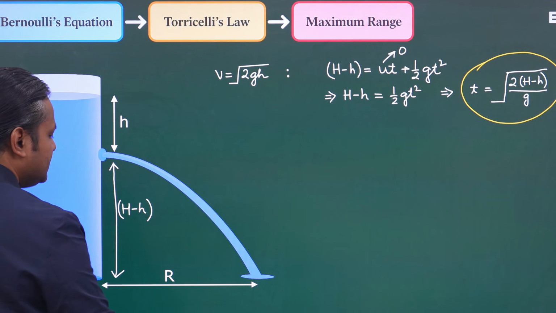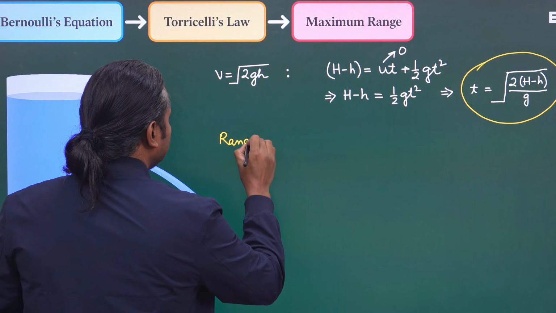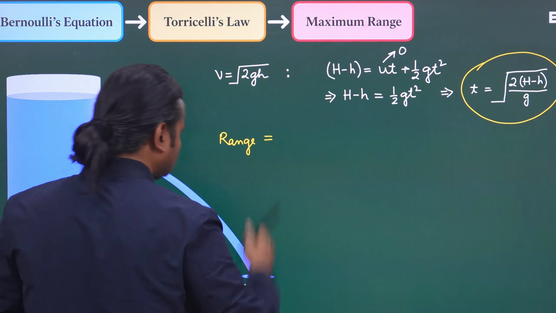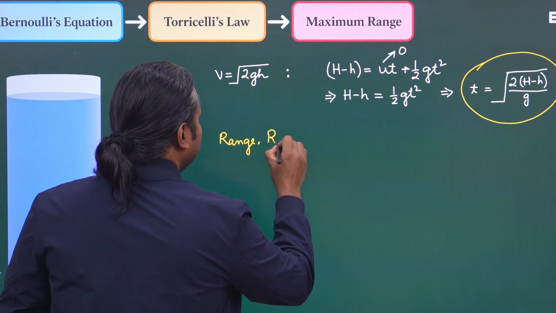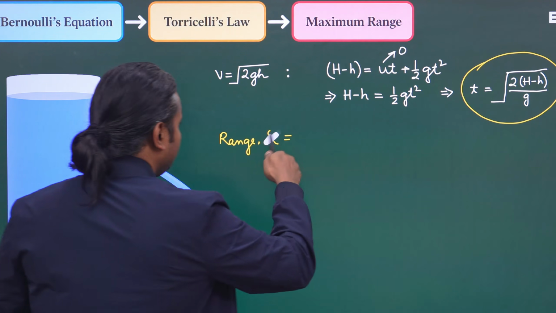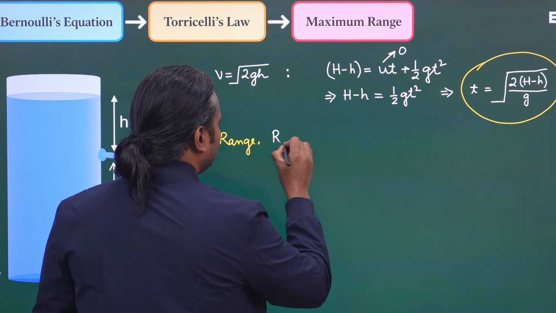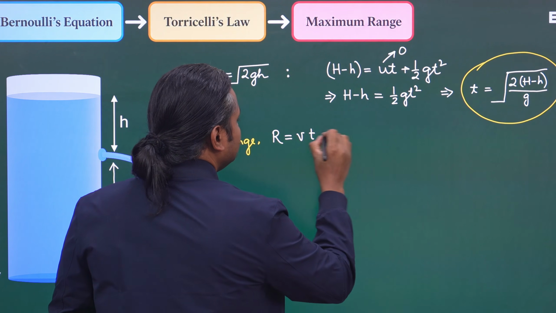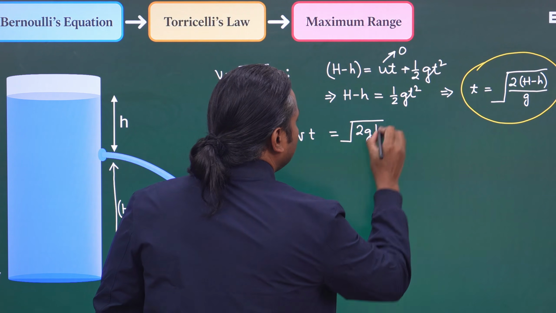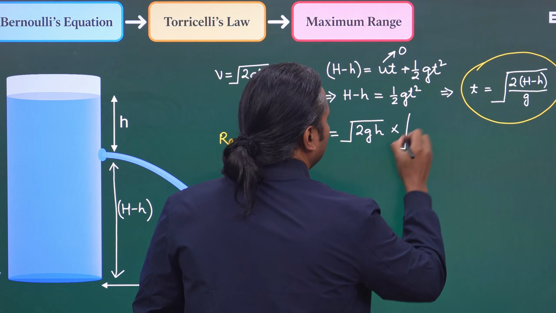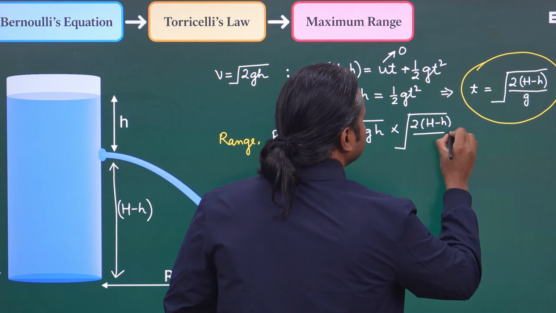So if this is the time it takes, then what should be the range r? We know the speed, we know the time. So we can easily calculate the distance here. The distance is nothing but speed into time. So the distance is r, speed is v times t. So v is root over 2g small h times root over 2 capital H minus small h upon g.